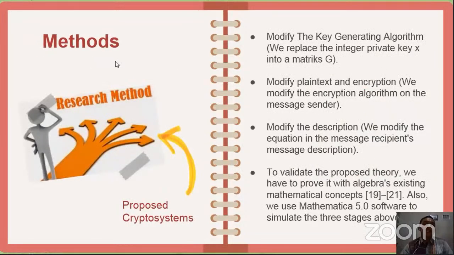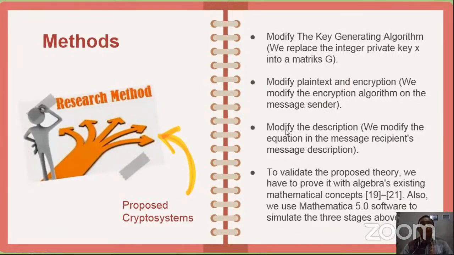Basic method of this research: first, we modified the key generating algorithm. We replace the integer private key X with a matrix G. Second, we modified the plaintext and encryption. We modified the encryption algorithm for the message sender.